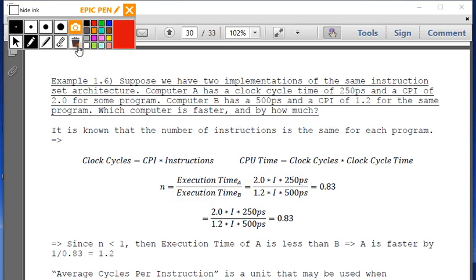Now here's how this equation is broken down. Execution time is equal to CPI times instructions, so this becomes cycles, and then this becomes clock cycle time.